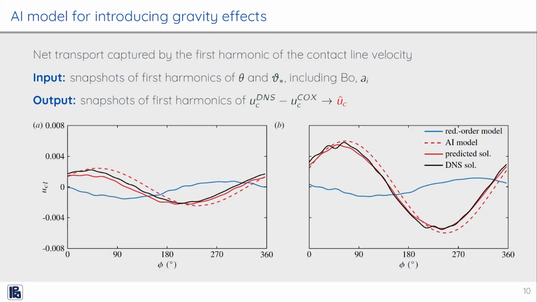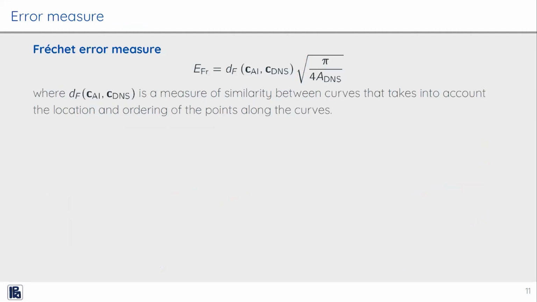And since we are calculating a component of the velocity of the contact line, what we actually want is to come up with an error that has to do with the position of the droplet. So we use the Fréchet distance, which is a measure of the similarity between curves, taking into account the location and ordering of points along the curve.